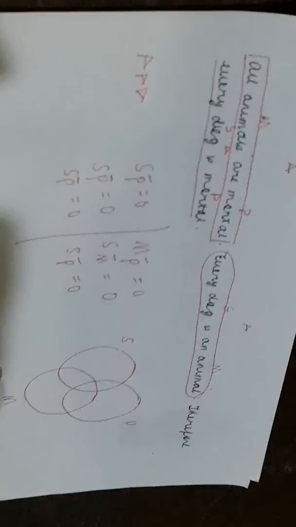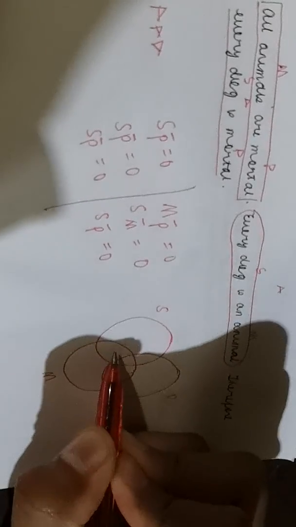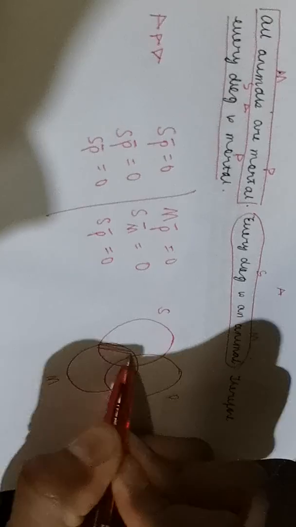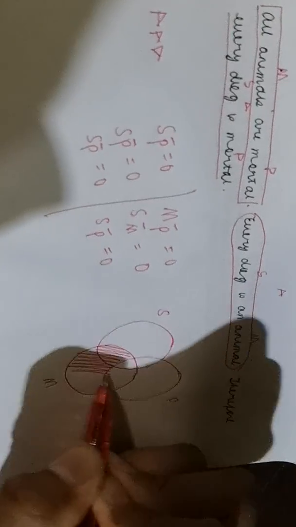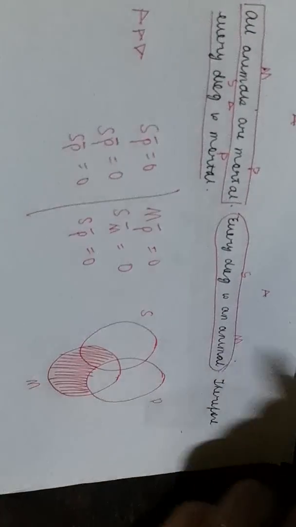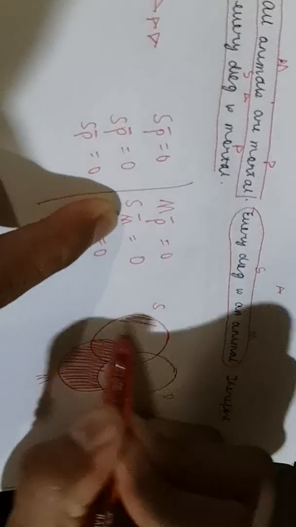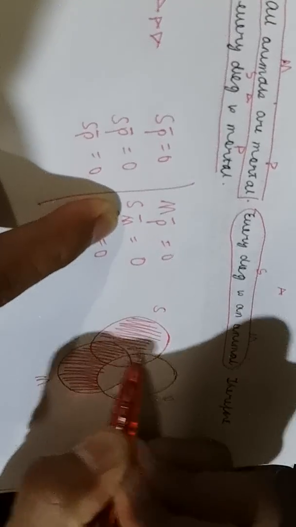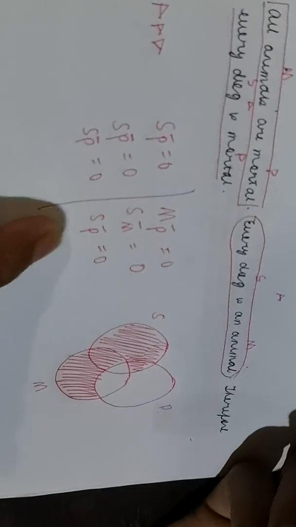Okay, S, P, M. So first, M not P should be shaded because it's equal to 0. Okay, and then S not M should also be shaded, that is this area. S not M. Okay, now let's check.